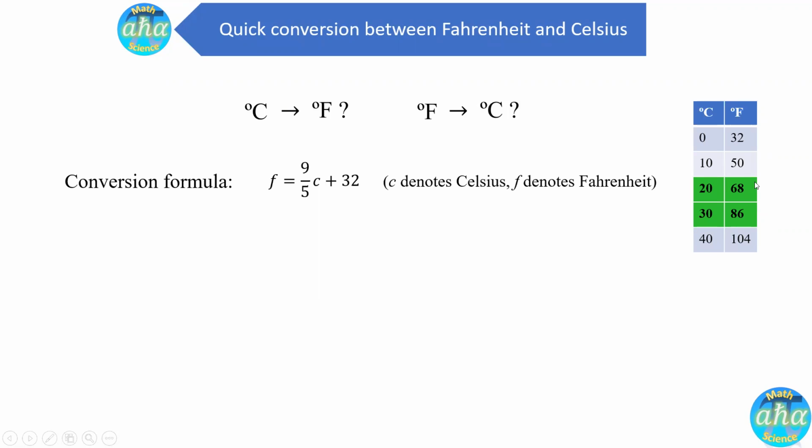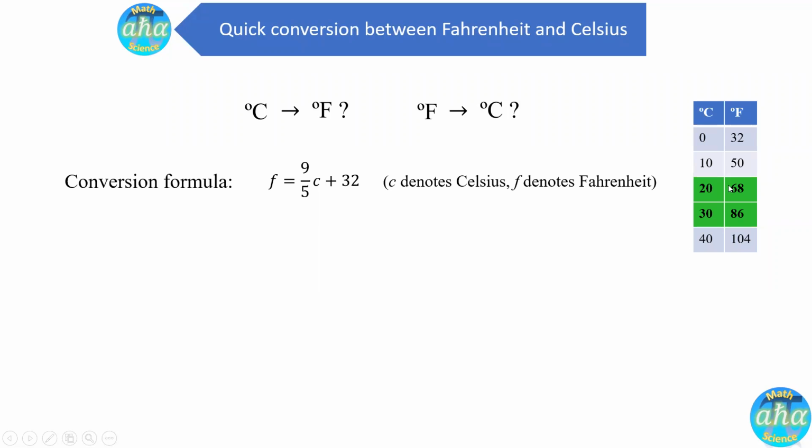In particular, these two pair numbers are very convenient to use because a lot of our temperatures are in this range. So for example, 20 degrees C is 68, and then add another 10 degrees, which is 30 degrees C. You just flip the numbers. 68 becomes what? 86. Very convenient to memorize these two pairs of numbers.